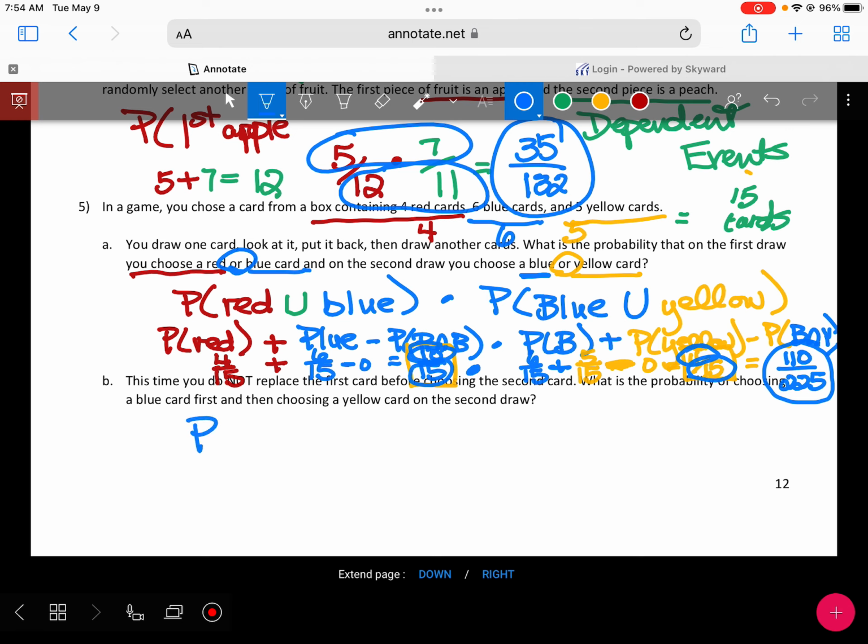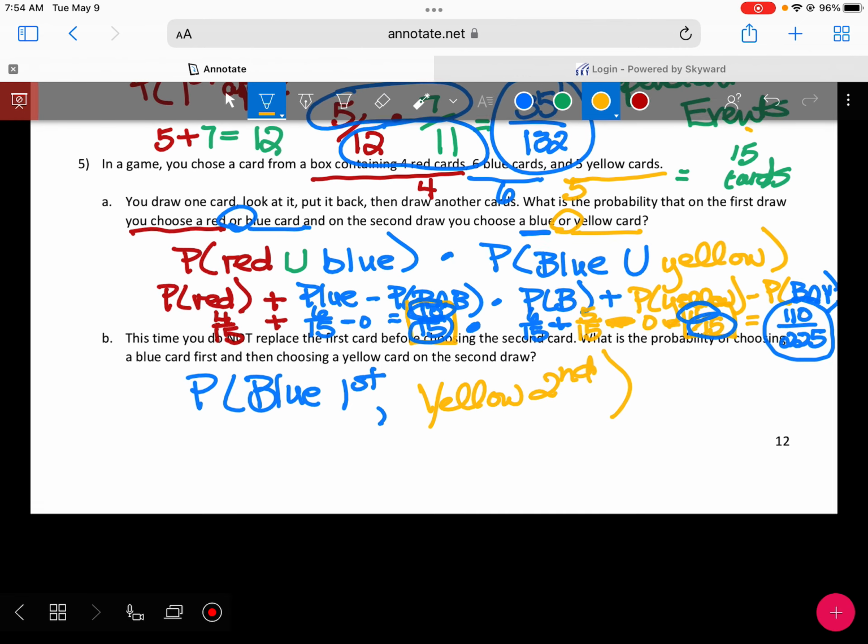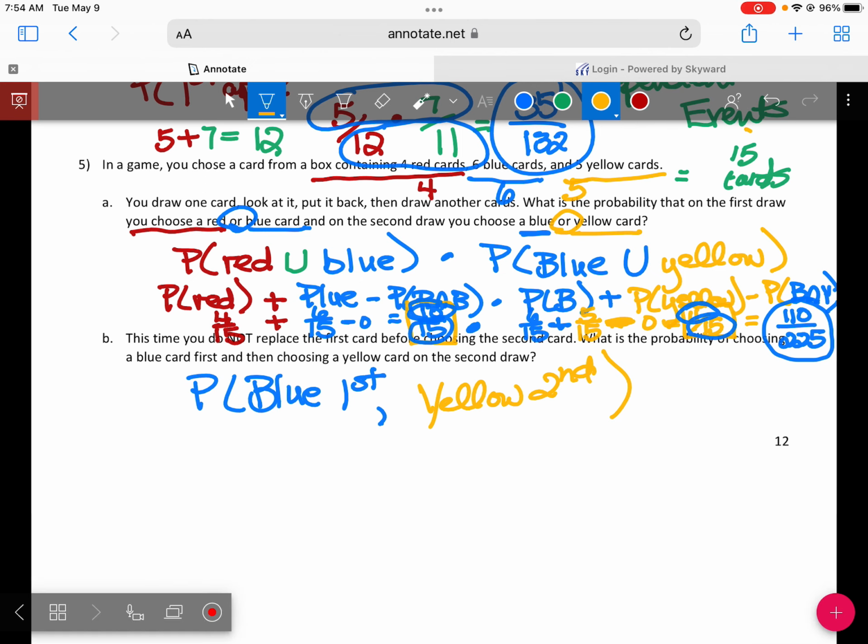So what's the probability of choosing a blue card first and then a yellow card second? Okay, blue card first. All right, so what's the probability of choosing a blue card? How many blues do I have? 6 out of 15 total.